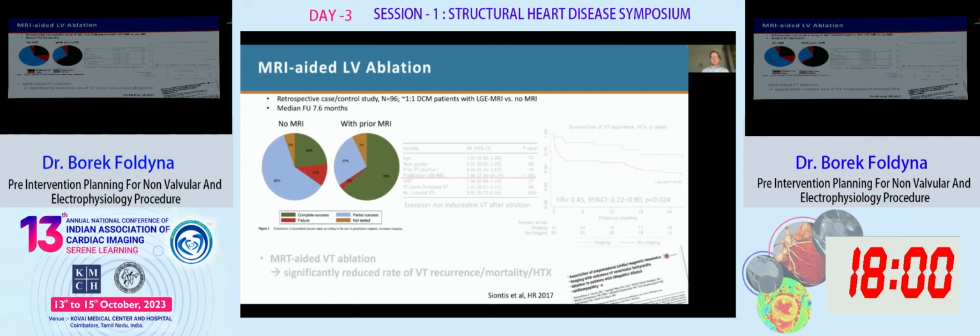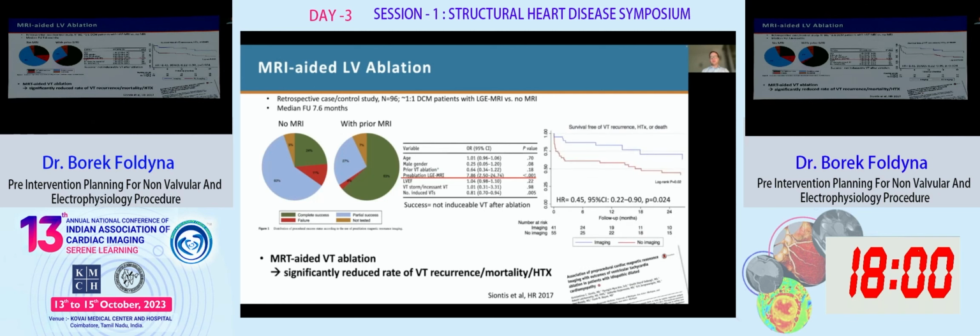And this is reflected also in the results of the multivariable analysis. We see that pre-ablation LGE MRI imaging is associated with almost 8 times higher odds of procedural success. And this success is seen in this Kaplan-Meier curve here on the right, that it persists even after 2 years of follow-up.